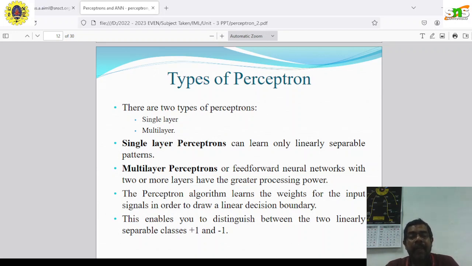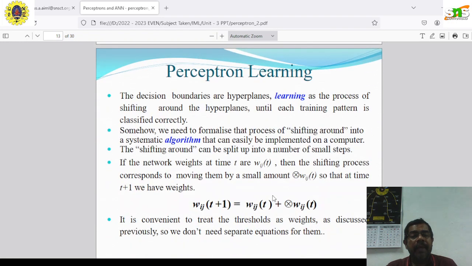In the same way, in the perceptron we have to compute the weights along with the input signal in order to define the linear decision boundary. This gives two linearly separable classes, the positive component and the negative component. Now we have to see perceptron learning.